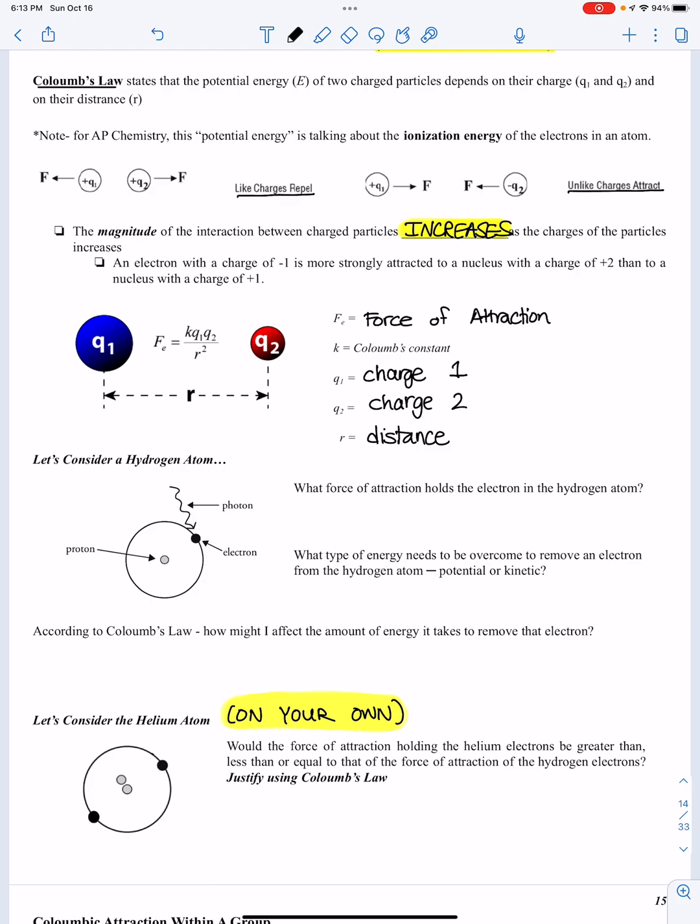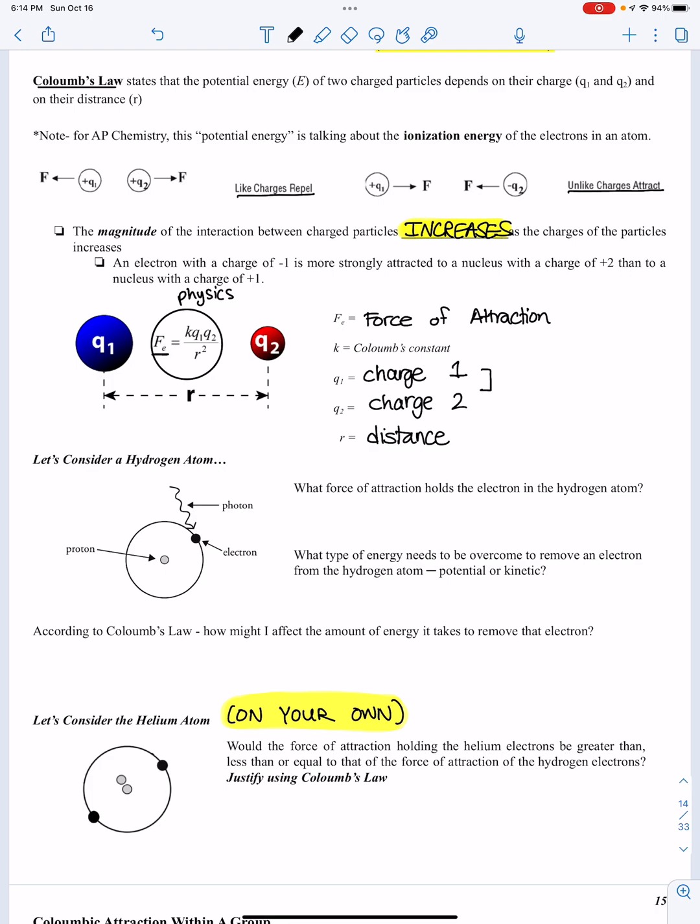Just to refresh your memory, this is an equation. This is more like in physics. We are not going to have to use or calculate with this equation, but the attraction, Fe, the force of attraction of an electron, is related to this constant times the product of the two charges, Q1 and Q2, divided by the distance.